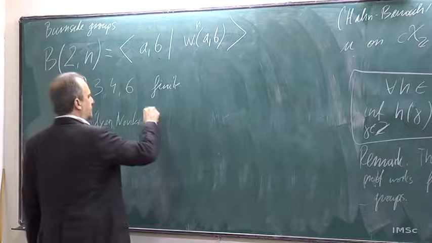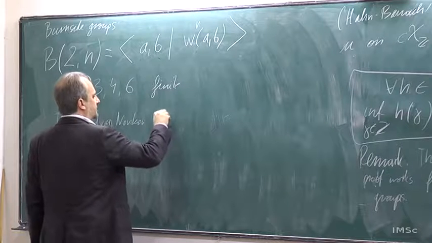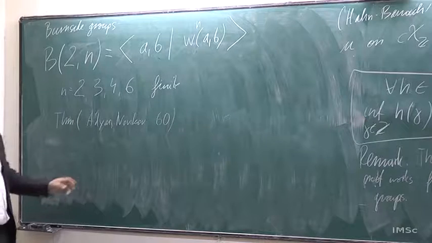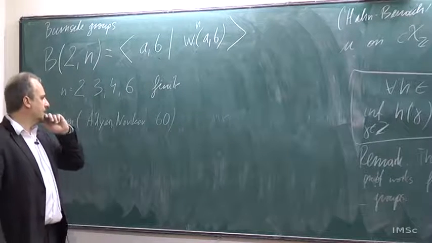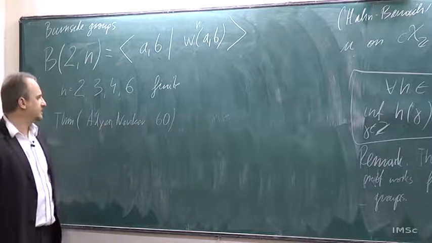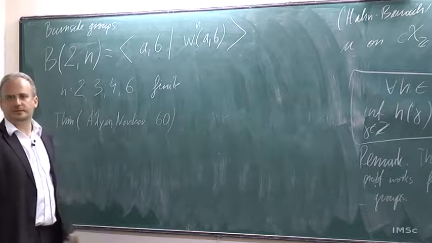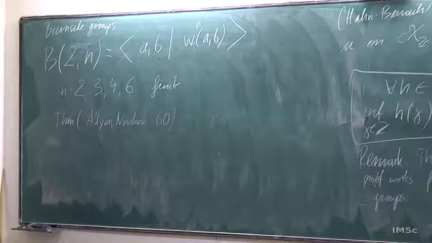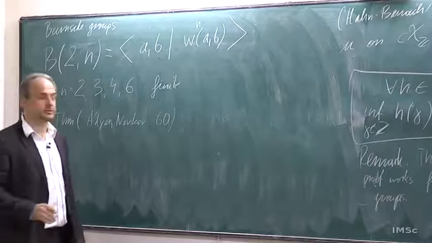So it's from the 60s. Actually, the first results were announced in the middle of the 50s, but it took 10 years to write the proof. Actually, during the process of writing the proof, the exponent changed.